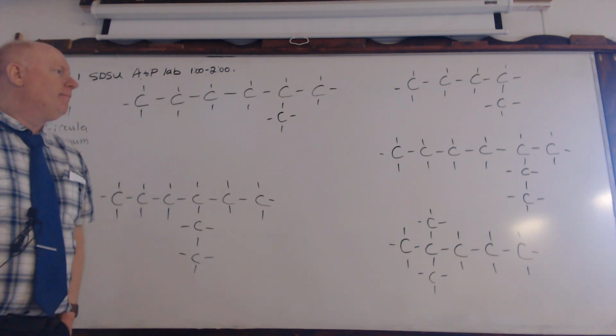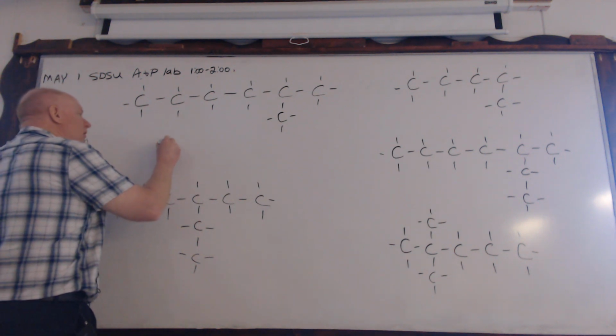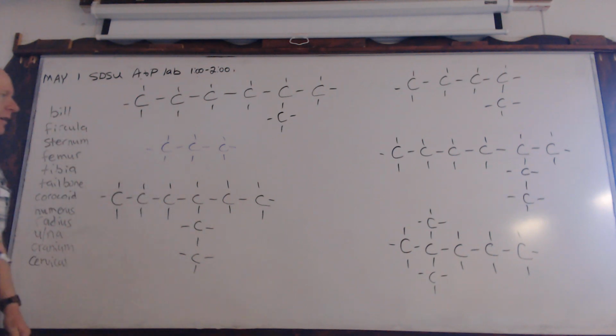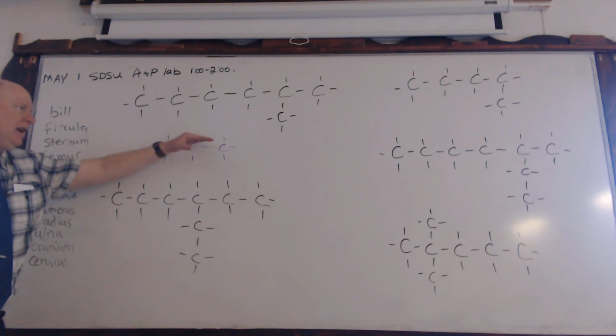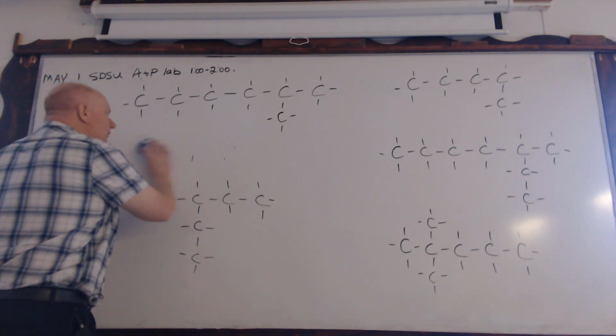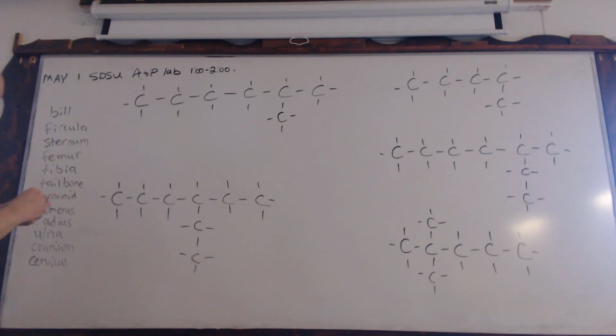Okay? Are there any straight chains up here? And what we mean by a straight chain would be like propane here. That is a straight chain because notice it goes straight and nothing branches off of there. So are there any straight chains? No, there are not. Each and every one of these is a branched chain.